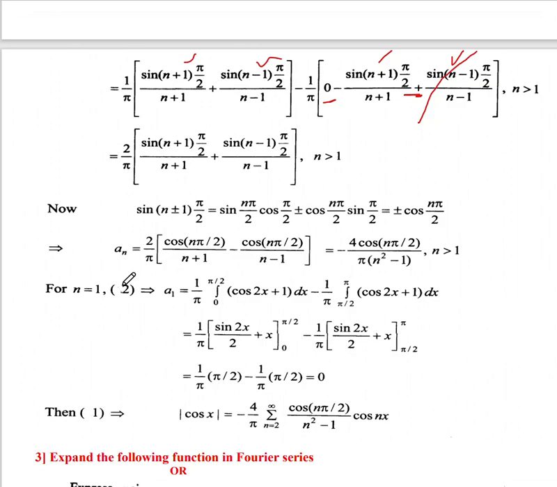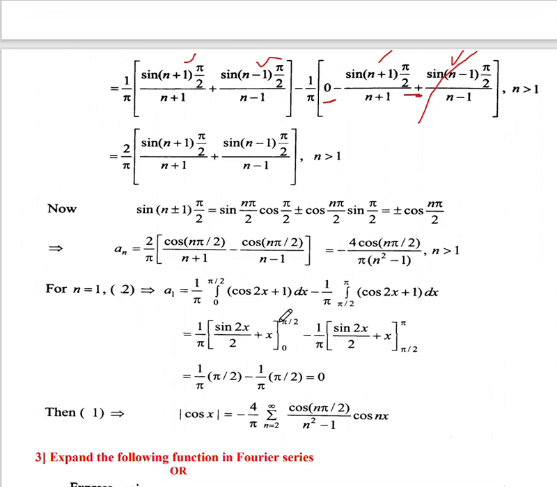Now we will find out the Fourier series for this function. Now for n equal to 1, equation number 2 becomes a1 equal to 1 upon π times the integral from 0 to π/2 of cos 2x plus 1 dx, minus 1 upon π times the integral from π/2 to π of cos 2x plus 1 dx.